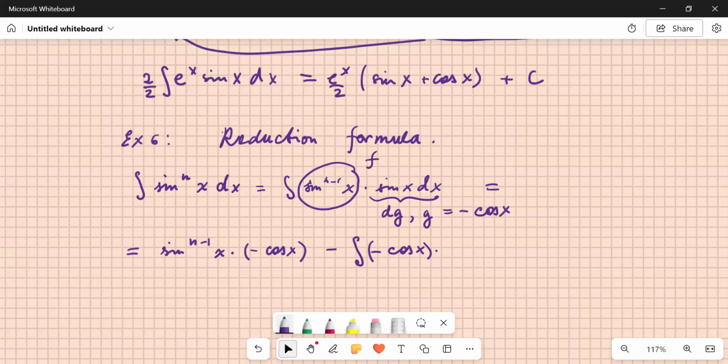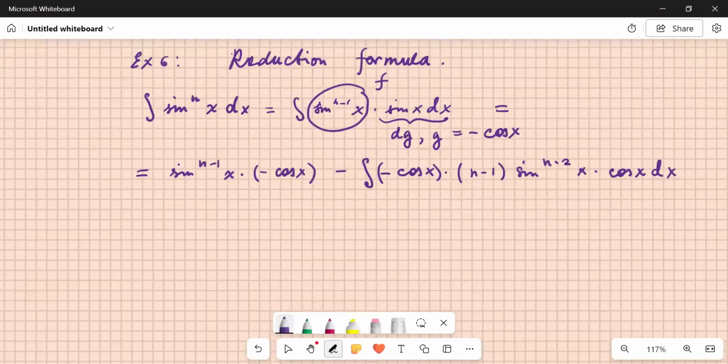So I'll differentiate it, but because it's a composition of the power function and sine, I'll differentiate the power function first: n minus 1 times sine to the power n minus 2 of x, right? The power is going to decrease by 1 unit. And then I'll need to differentiate sine. The derivative of sine is cosine of x. It looks like the integral is even worse, but let's see how it will go.